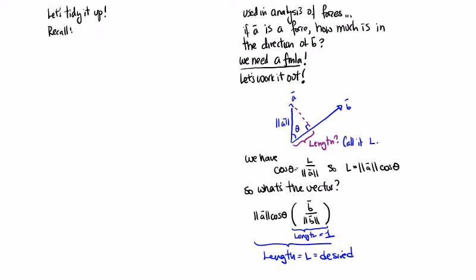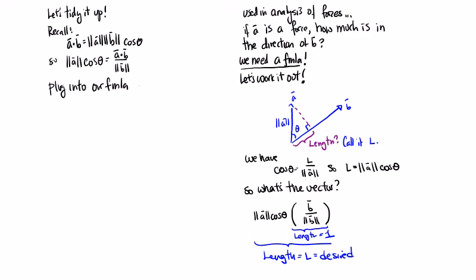We know that the dot product of A and B is the product of the magnitudes times the cosine of the angle between them. So that says that the magnitude of A times the cosine of theta is A dot B over the magnitude of B. That's just dividing both sides by the magnitude of B. So I'm going to take this and plug it into our formula.